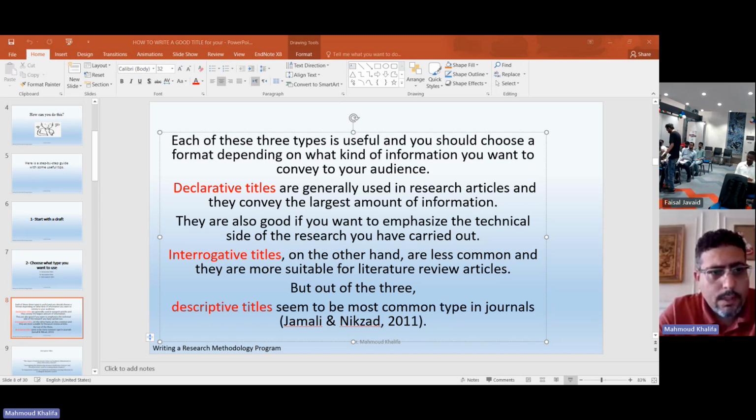Okay, thank you. So now, as I mentioned before, we have three types of titles: declarative titles, interrogative titles, and descriptive titles. We need to differentiate between the three types. First one, declarative titles are generally used in research articles and they convey the largest amount of information.